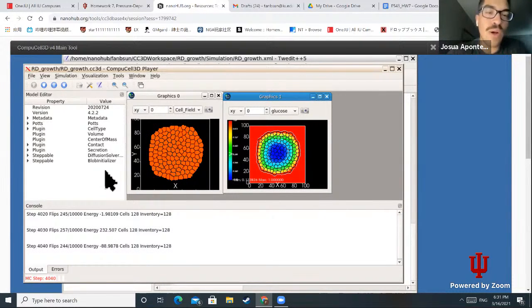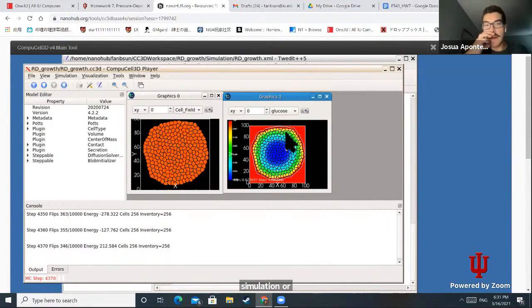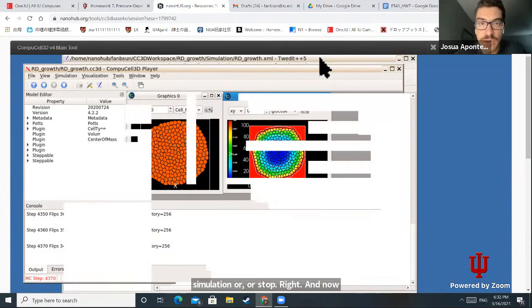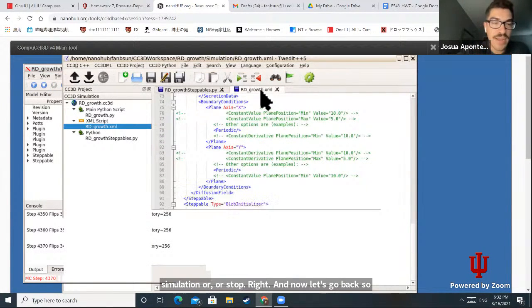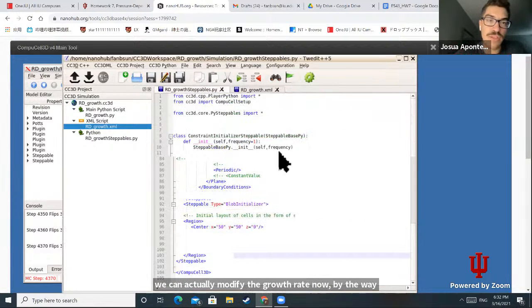Okay, so now pause this simulation or stop it. And now let's go back so we can actually modify the growth rate by how much the cell is taking up.